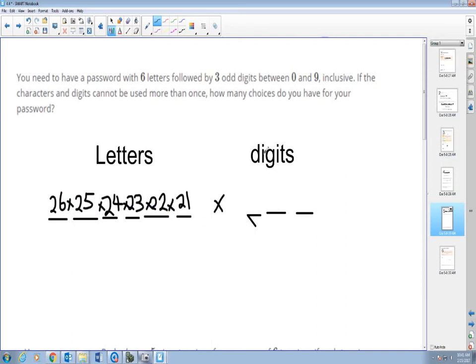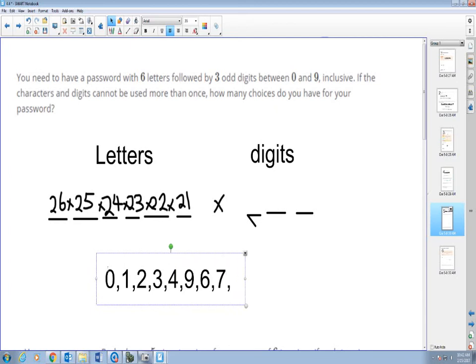All right, this part is a little bit trickier. 3 odd digits between 0 and 9 inclusive. How many odd digits between 0 and 9? 0, 1, 2, 3, 4, 5, 6, 7, 8, 9.